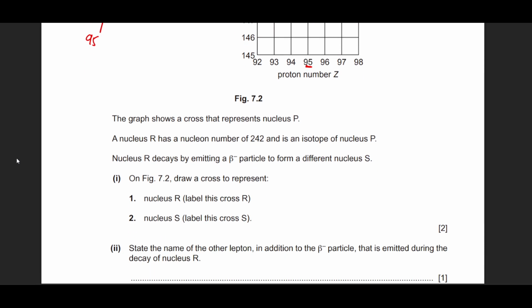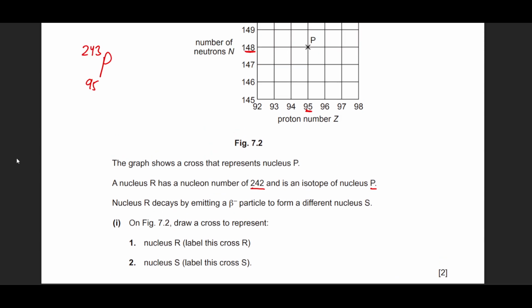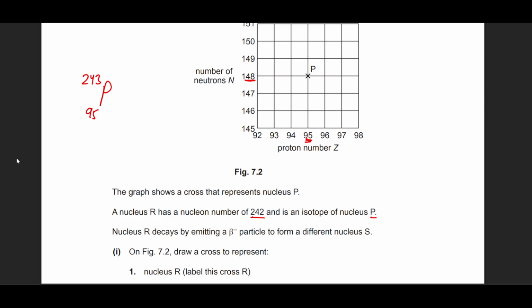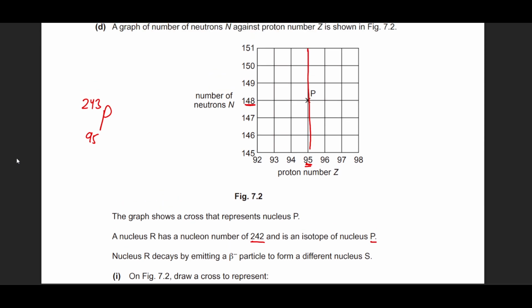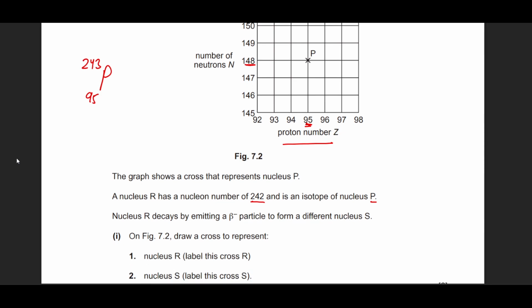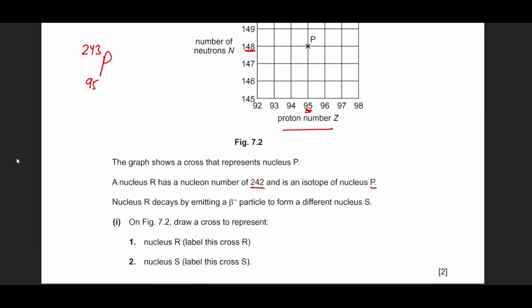He says that a nucleus R has a nucleon number 242 and is an isotope of P. If this is an isotope of P, that means that the number of protons are going to remain the same. And it will exist on this line at least as a bare minimum, because I cannot change the number of protons for that particle. Now, to figure out whether it's going to be above it or below it, let's figure it out. So if it has 95 protons, and the nucleus is represented as 242 with the 95, then I can see that it has one less neutron.